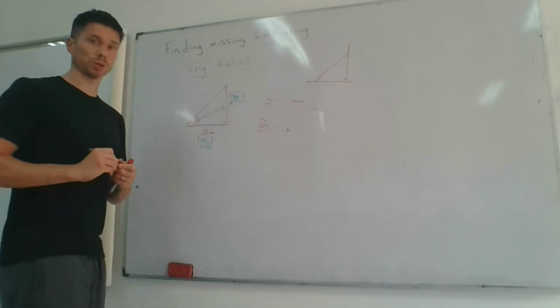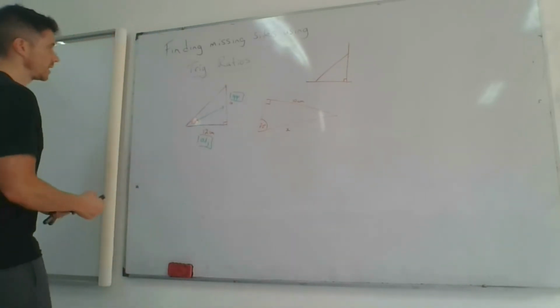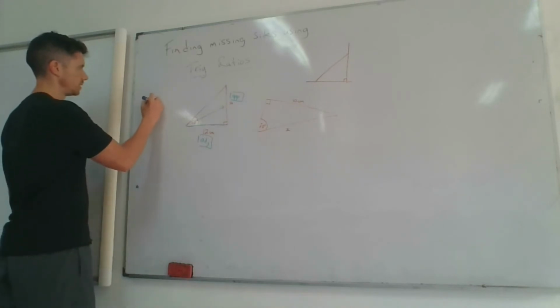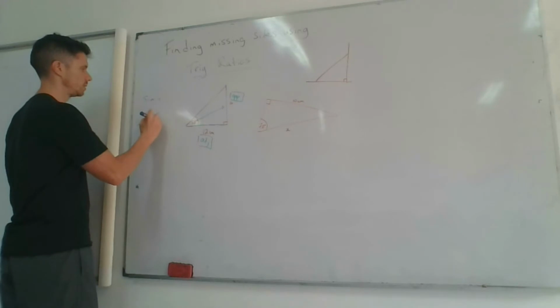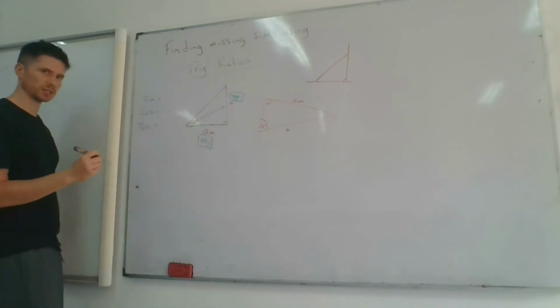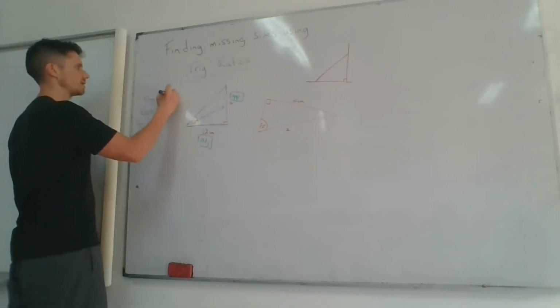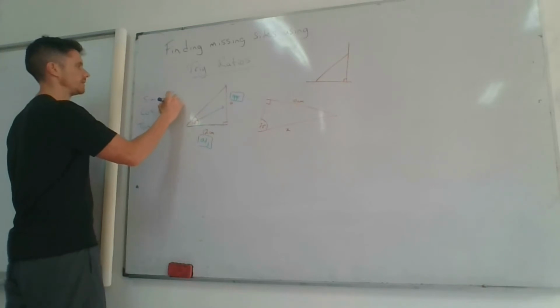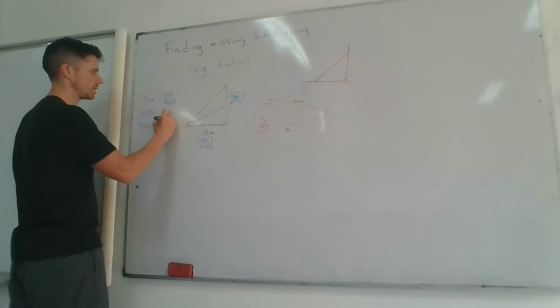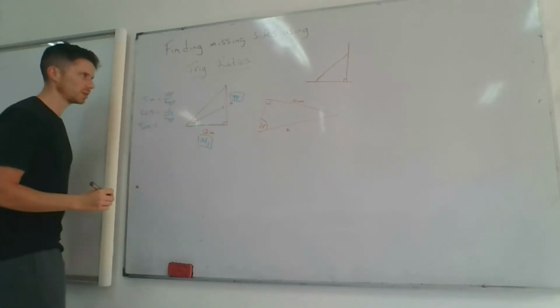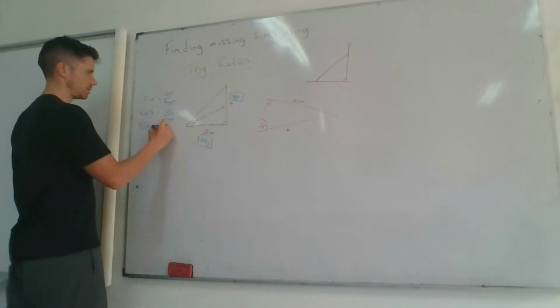Now we refer back to our sine, cos, and tan. Which one was opposite and adjacent in it? Well, sine has opposite and hypotenuse, so it's not sine. Cos has adjacent and hypotenuse, so it's not cos.